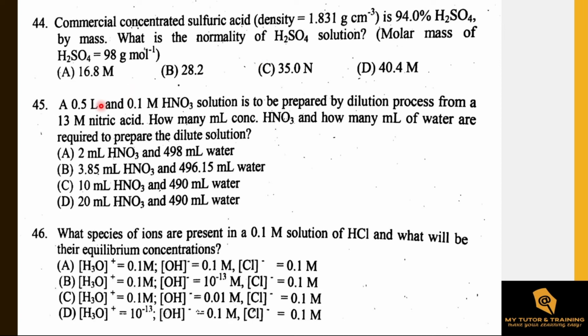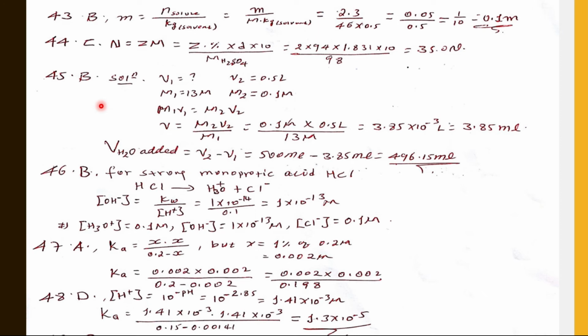Question number 45. A 0.5 liter, 0.1 molar nitric acid solution is to be prepared by the dilution process from the 13 molar nitric acid. How many milliliter of conc nitric acid and how many milliliter of water are required to prepare the diluted solution? 44ኛውንም 45ኛውንም ተመልከቱ እዚህ ጋር 45 solution.